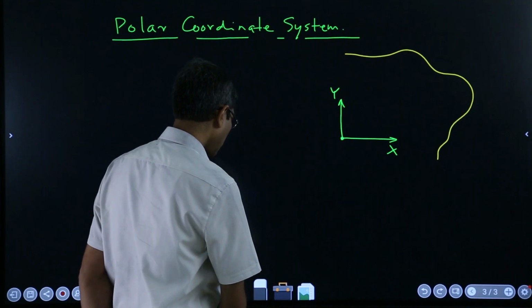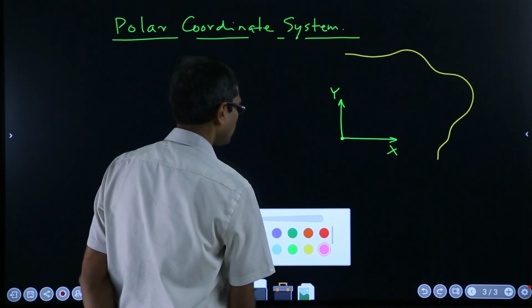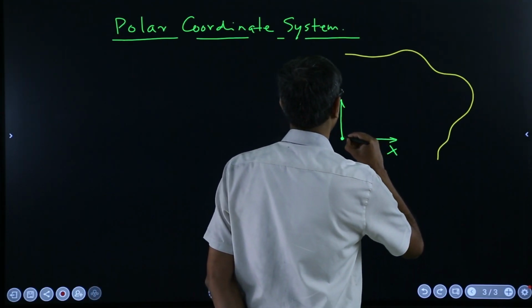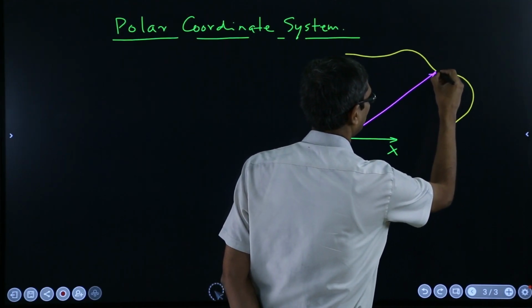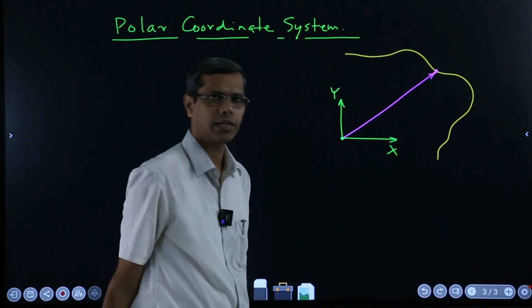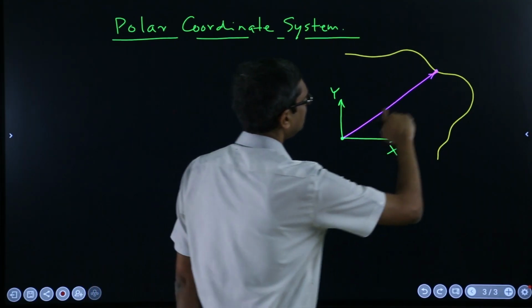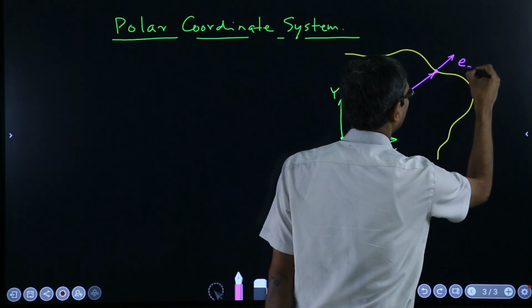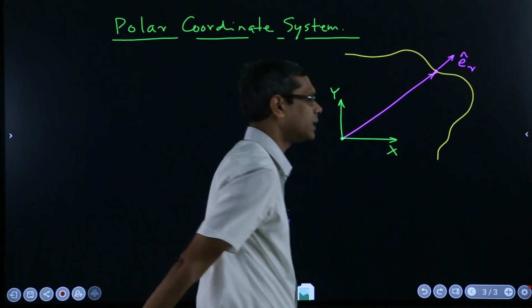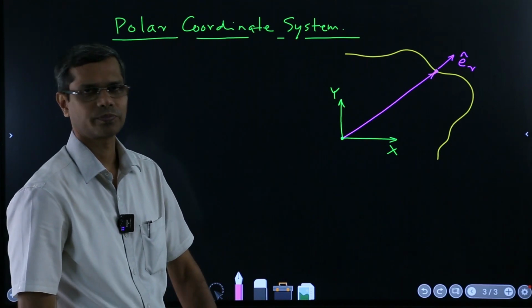Now what we will do, we will join the origin to the position of the particle at a particular instant, and in this direction we will define e_r to be the unit vector.